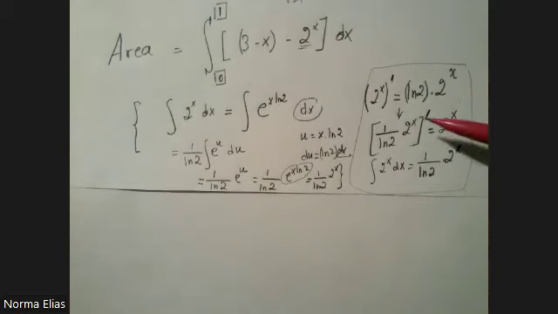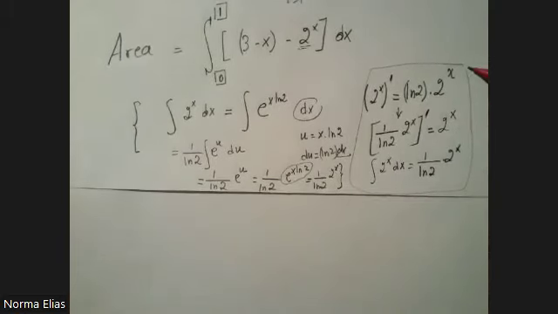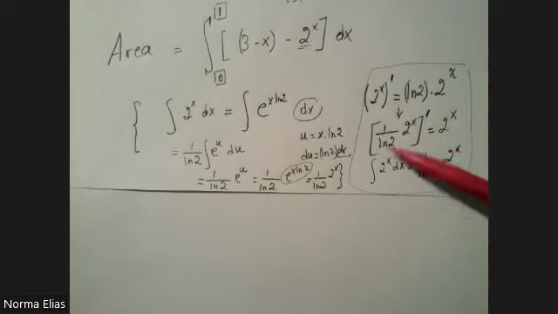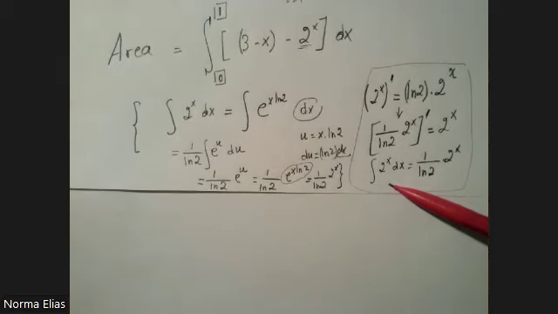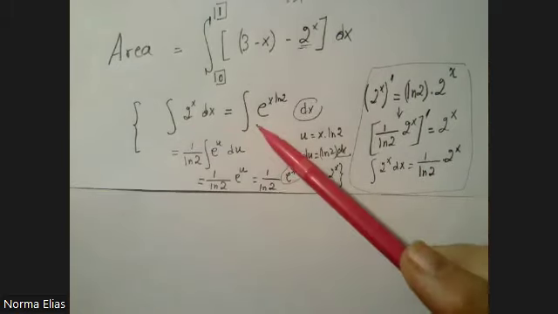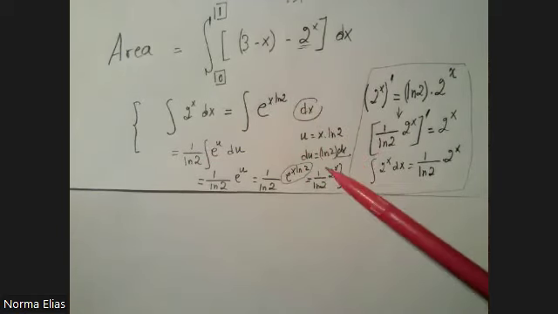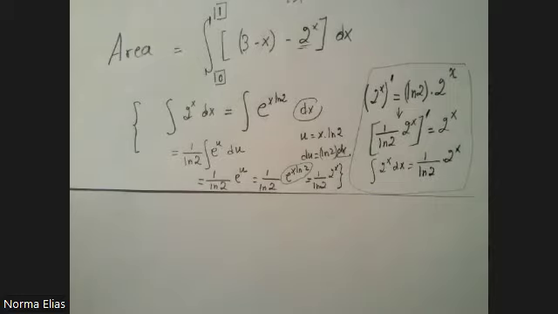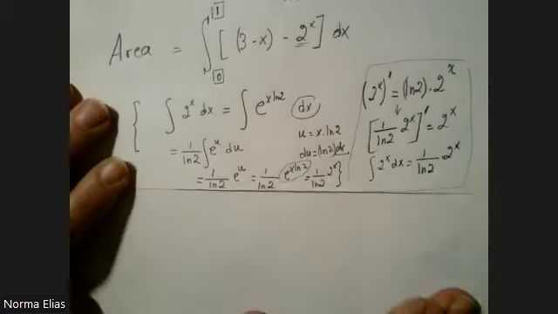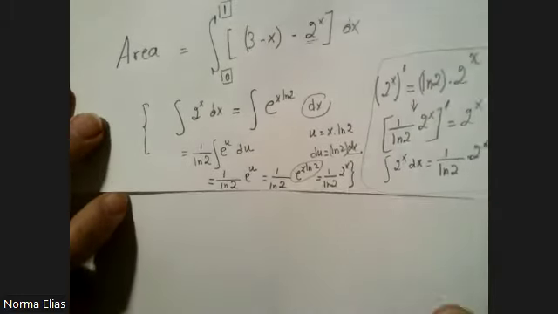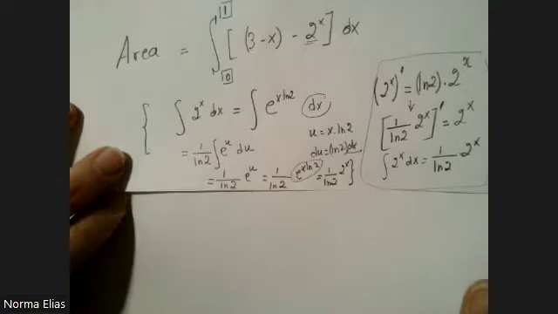Either we remember that the derivative of 2 to the x is ln of 2 times 2 to the x, and by dividing by ln of 2, I can recapture the antiderivative of 2 to the x. Or we can take 2 to the x, rewrite it as e to the x times ln of 2, and use a u substitution. Now we are ready to find the antiderivative. Please ask questions as I move on.